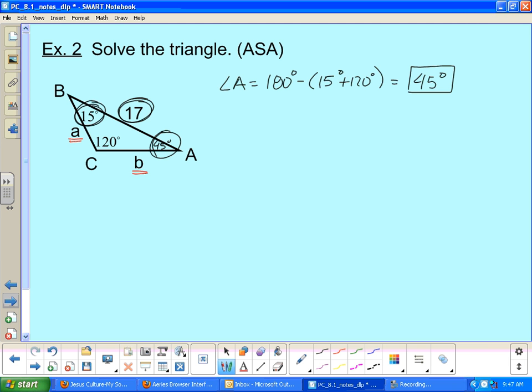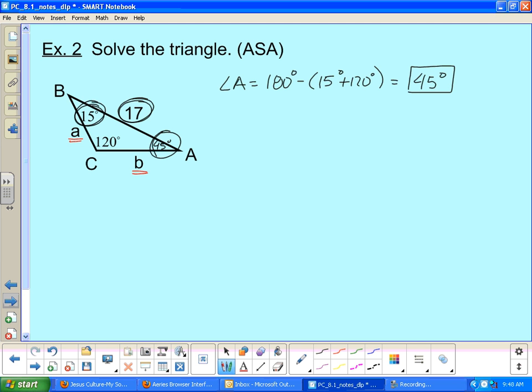Which relationship am I going to use to set up my law of sines for this A value? What's my proportion going to look like? Law of sines?